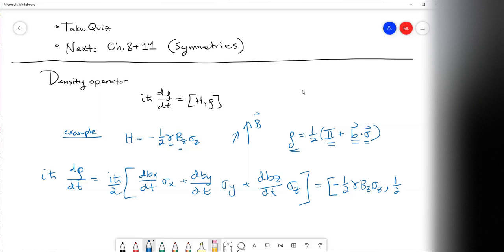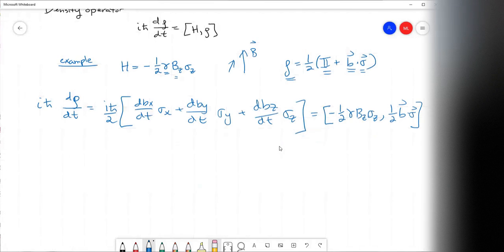So the only part that you have to worry about with the commutation is the b dot sigma part. So that's okay.